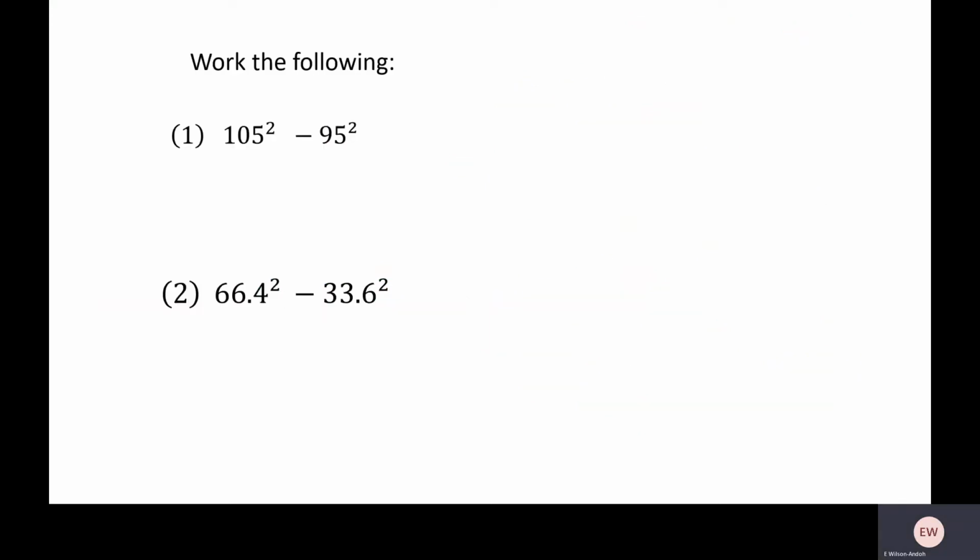So let's look at this example. So in this example, they have done it something squared minus something squared. So this is difference of two squares. So all we have to do is we pick the base, which is 105, minus the second one, 95. Now you can choose to bring the plus first, and then in the second bracket, you do the minus. You will get the same answer because you are multiplying.